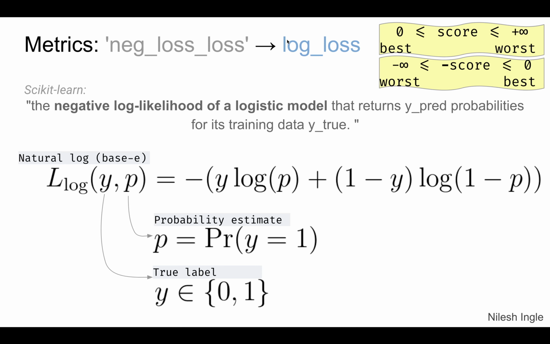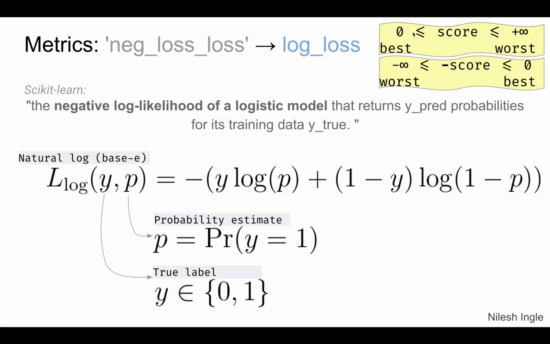Next, we have the value for log loss, and the string that can be used is called neg_log_loss, and here we have the negative log likelihood of the logistic model. That is given by this relation: negative of y log p plus (1 minus y) times log of (1 minus p), where p is the probability and y are the labels 0 and 1 in this case.